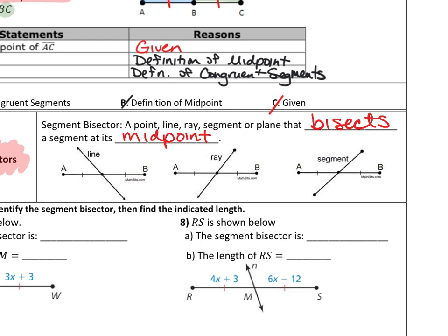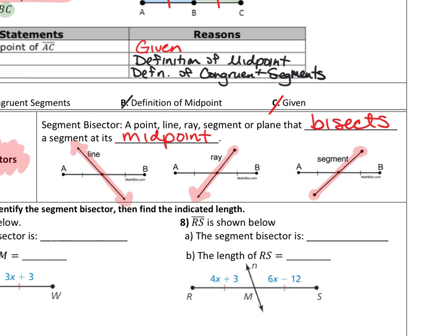So if you notice, we have a segment bisector or a line bisecting the segment because again, it creates two equal pieces on either side. This could be a ray bisecting it as long as it cuts it in the middle at the midpoint. It could even just be a segment that cuts it right at the middle.